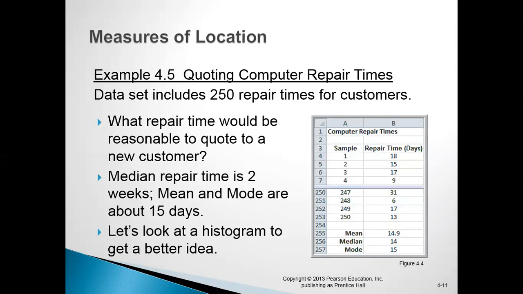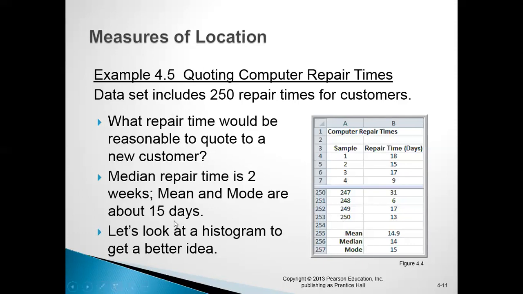Then we took a data of 250 samples, 250 customers whose computers were already repaired through us. That 250 data we took: sample one repairing time was 18 days, sample two was 15 days, like this, we took 250 samples, right?